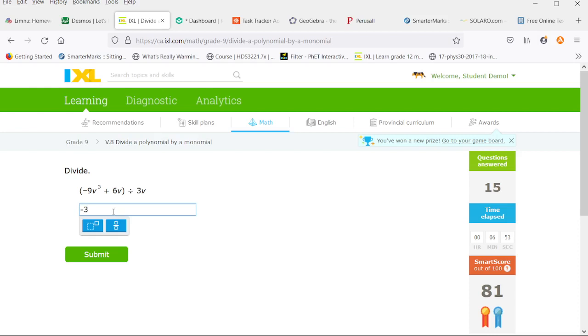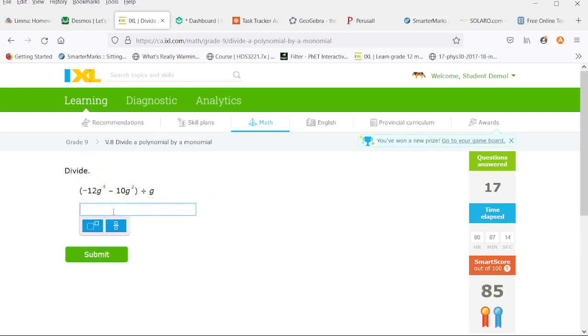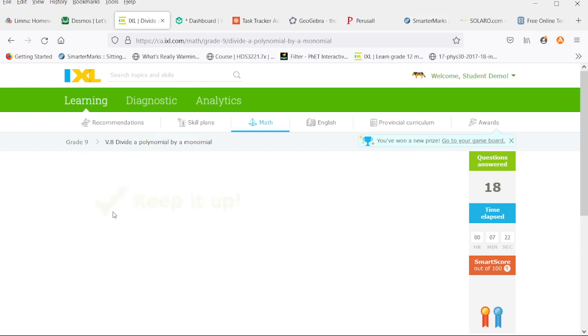Here we're dividing by 3 and v. Notice here we have the two v's, so they're going to cancel. There is no longer a v in our last term. Here we have a 7n squared minus 4. Divide this by g, we have a negative 12g cubed minus 10g.